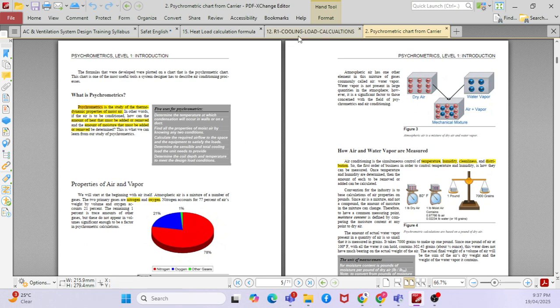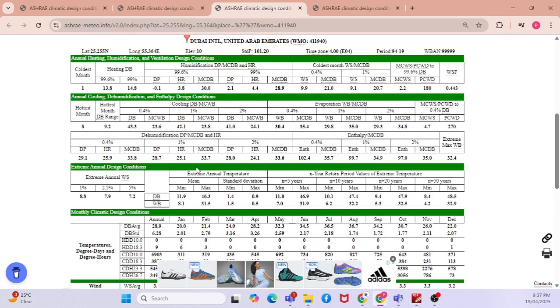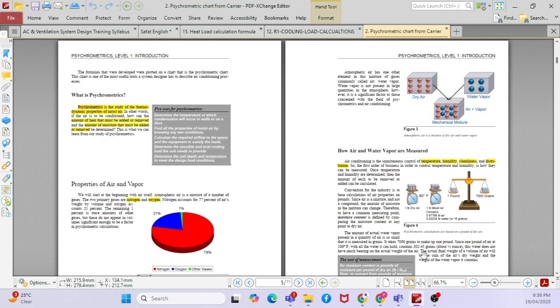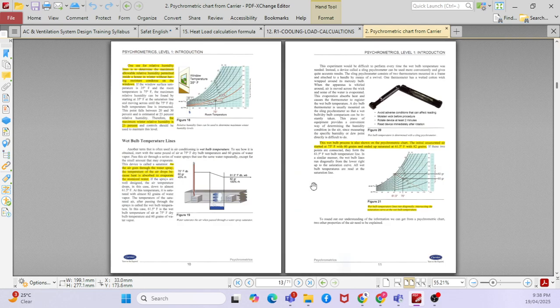Okay, now as I told you just now, if you go to ASHRAE properties, I have 46.3 degrees Celsius and 31.5 degrees Celsius. I want to know what is the relative humidity. I want to know what is the dew point temperature. So everything you can calculate by means of the psychrometric chart, right?